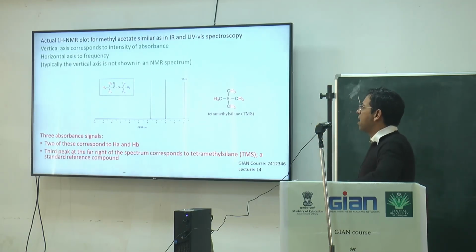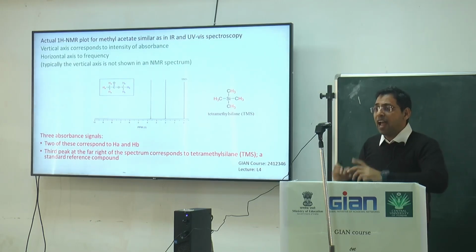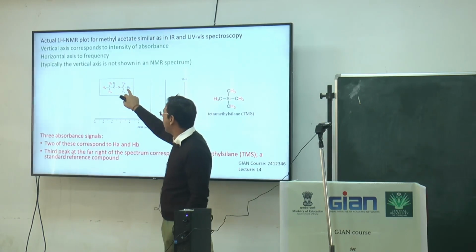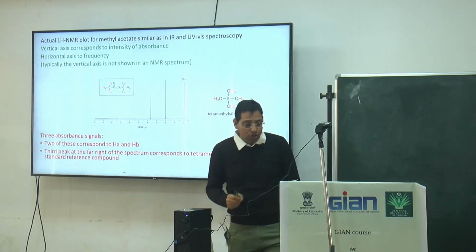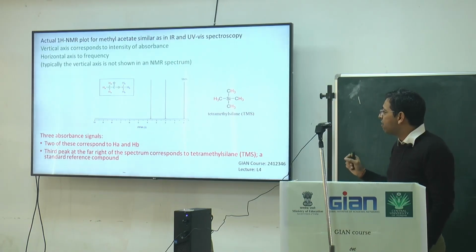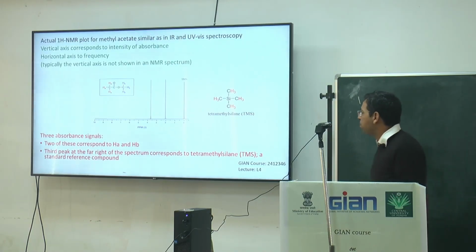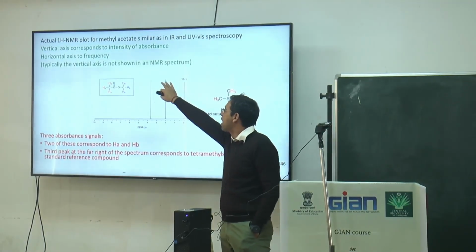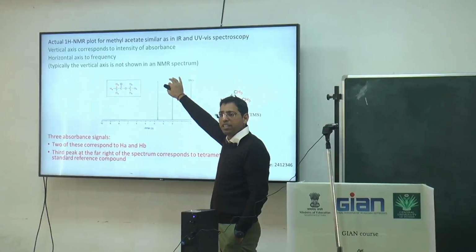So the 1H NMR plot for methyl acetate has two different components. This is one environment, and this is another. So you are getting two non-equivalent protons, and they are giving two different peaks. One peak is here, and the second peak is here, and they are almost the same height. So what is the meaning of it?